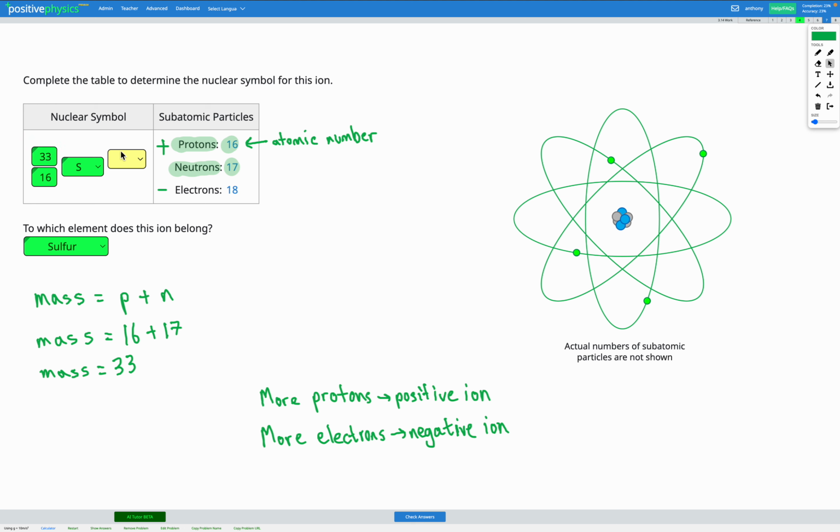Finally, we need to figure out the charge. Remember, more protons means a positive ion and more electrons means a negative ion. In this example here, we have 16 protons and 18 electrons. So we have 2 more electrons than protons.